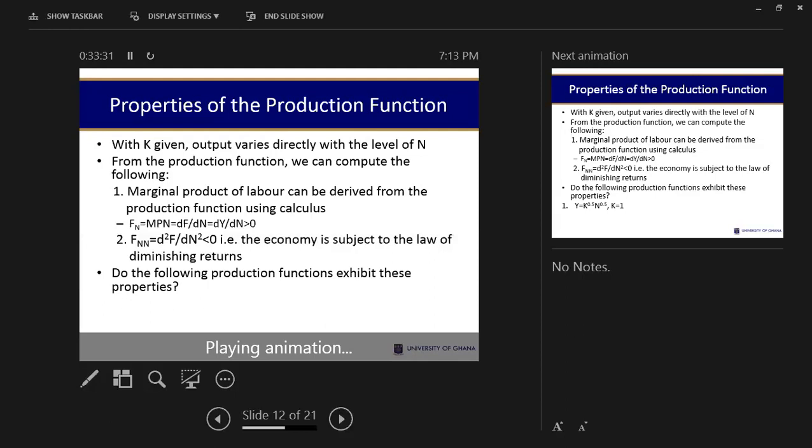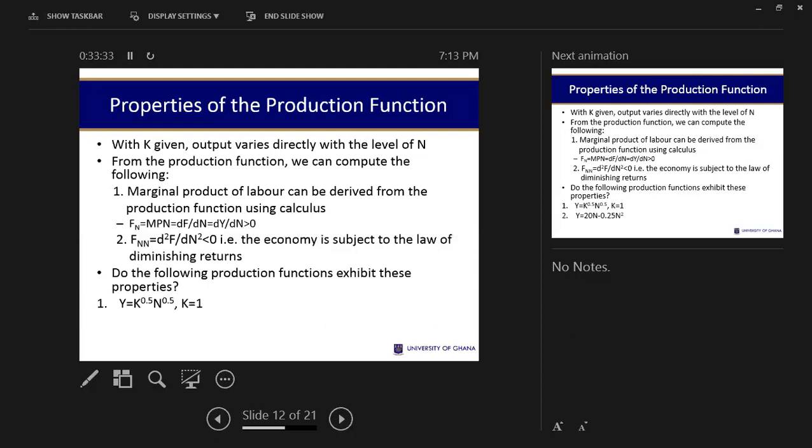Look at this function. Does this function exhibit these properties? Is the first order greater than 0? Is the second order less than 0? Assuming K is 1. First order greater than 0, given 0.5 N to the power minus 0.5.